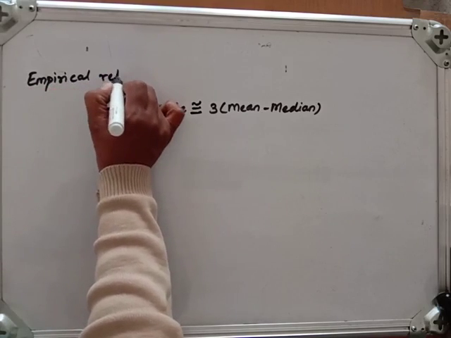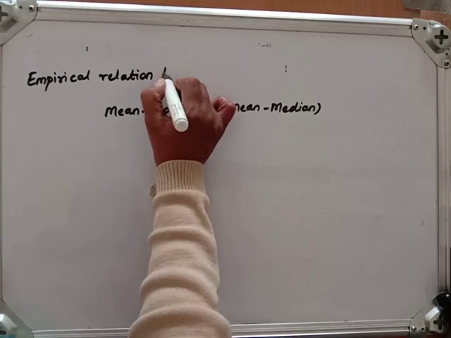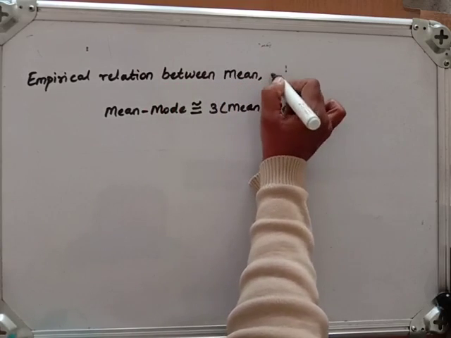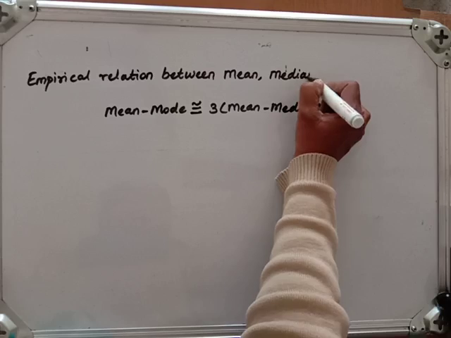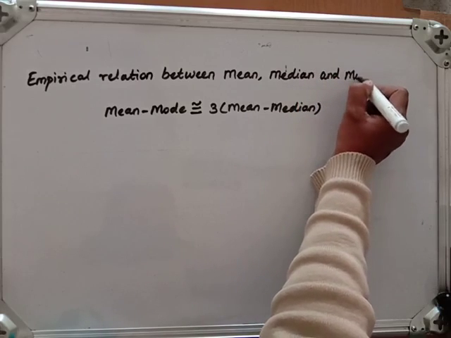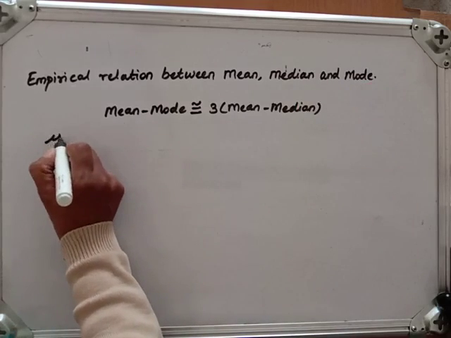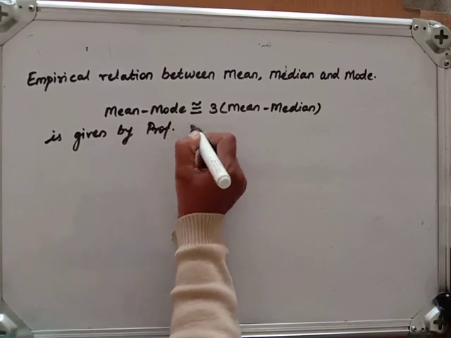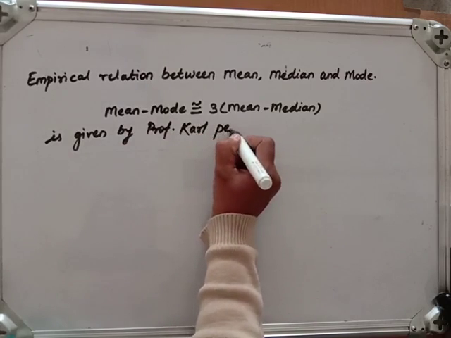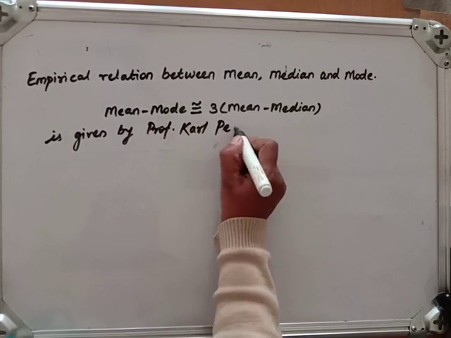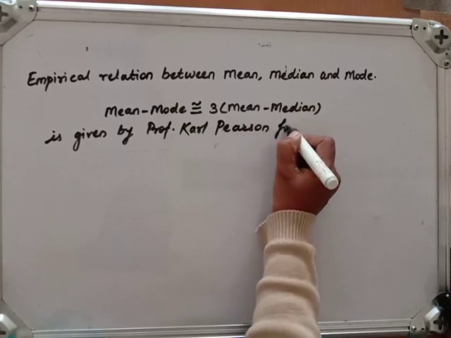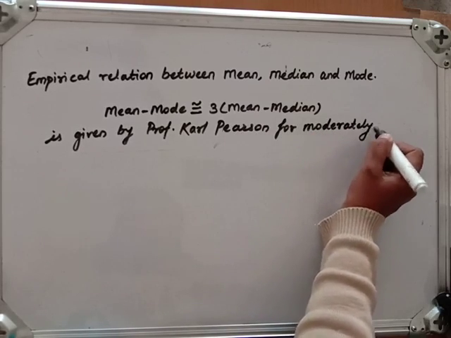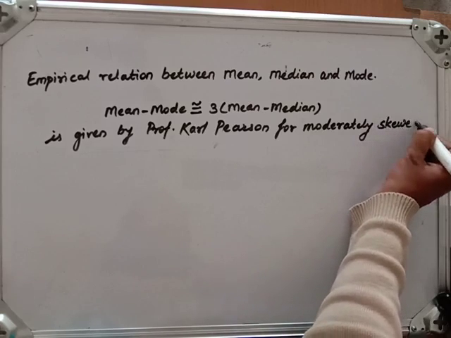Empirical relation between mean, median and mode is given by Professor Karl Pearson for a moderately skewed distribution.